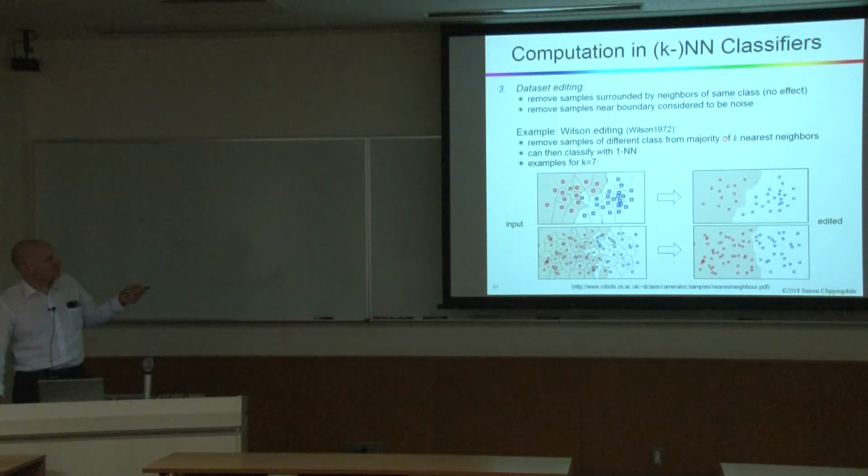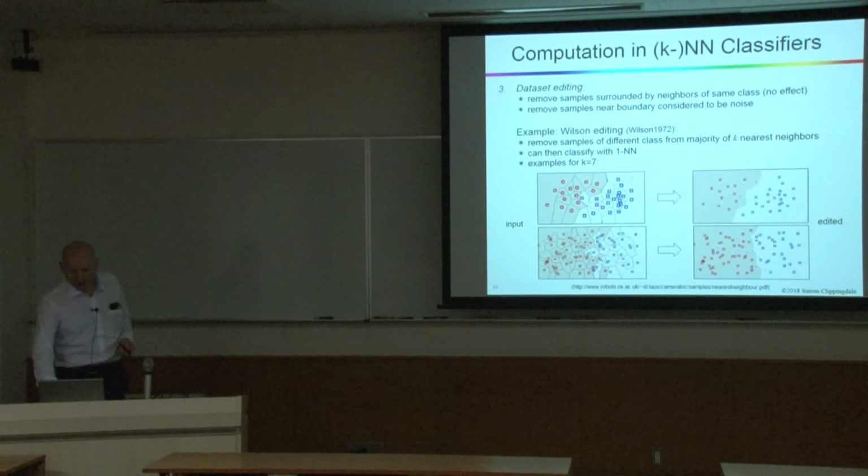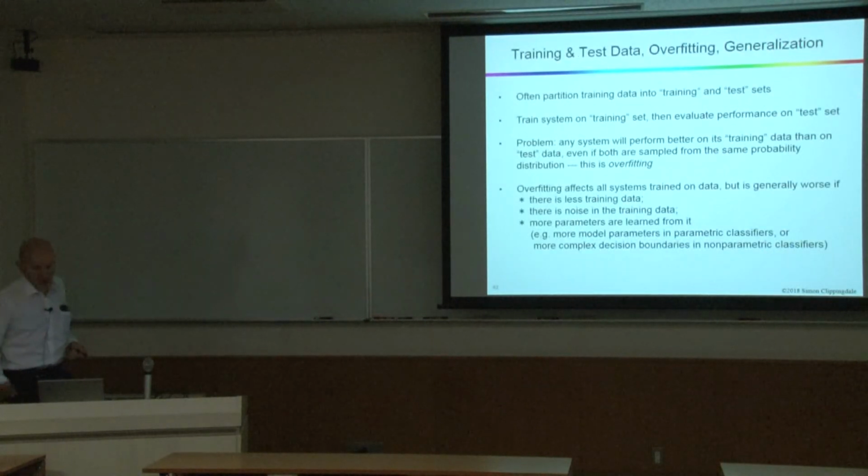If you remove samples of different class from the majority of their 7 nearest neighbours, you can then use a simple 1 nearest neighbour classifier to get the same result. So, for example, from this data set, you can simplify it by getting rid of these samples. For this data set, you might decide that these look like noise and you're going to ignore them and put the boundary there, for example. Okay, I won't go into those with much detail.